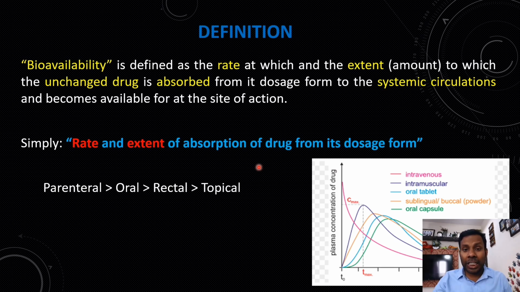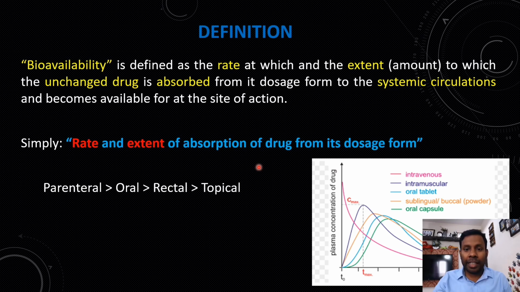If the drug is not reaching the site of action rapidly, then the patient may suffer, even the patient may die. So in those cases, rapid drug absorption is required. Drugs should be absorbed rapidly. The rate should be high enough. Then only we will achieve our therapeutic effectiveness. Our goal can be achieved.